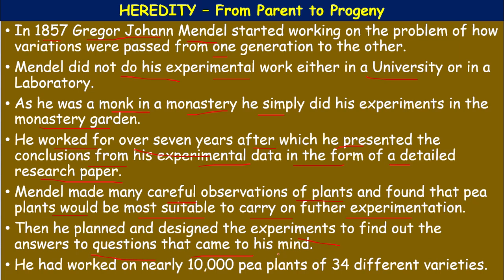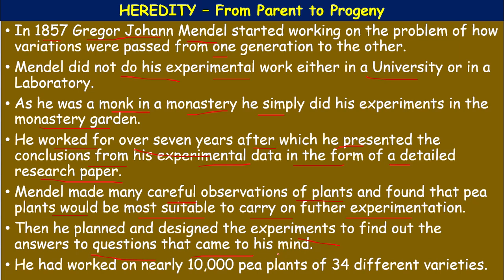He had worked on nearly 10,000 pea plants of 34 different varieties. So, in 1857, Gregor John Mendel started working on the problem. What is the problem? How the variations were passed from one generation to the other generation.